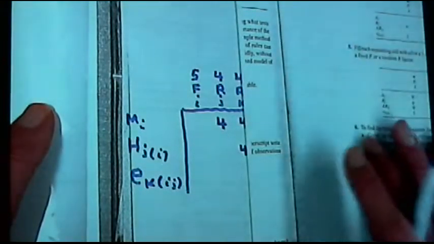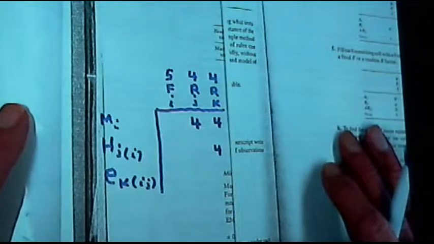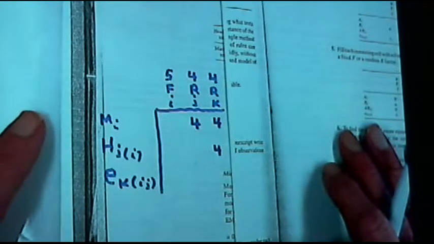Now we come to step 4, which says, for any parenthetical subscripts in the model, place a 1 under subscripts given in parentheses.